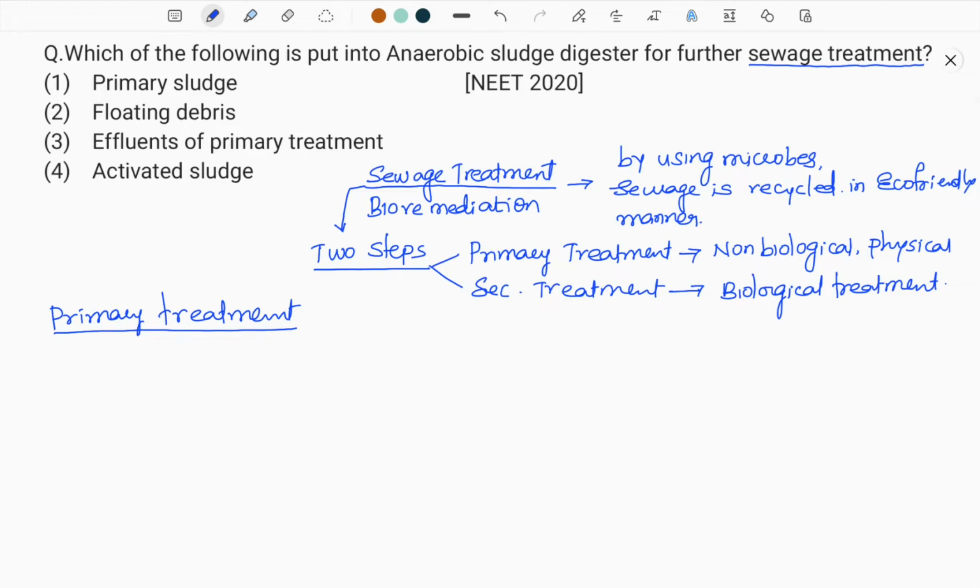One is floating debris. Do remember the terms. Floating debris is removed by sequential filtration.